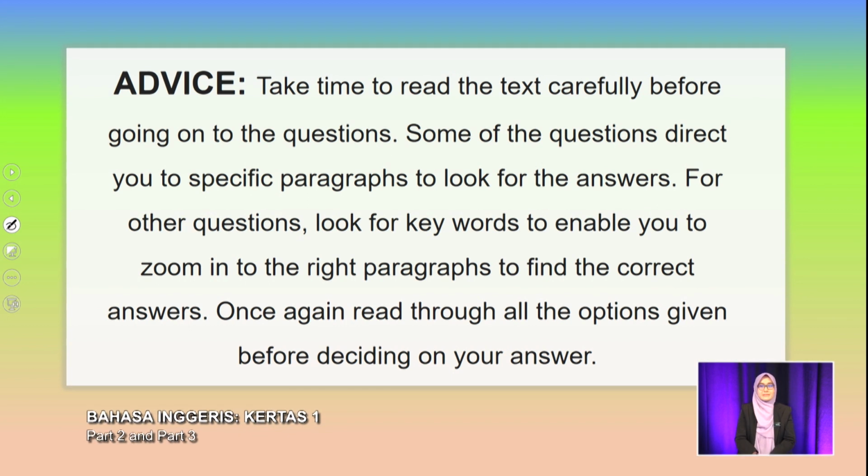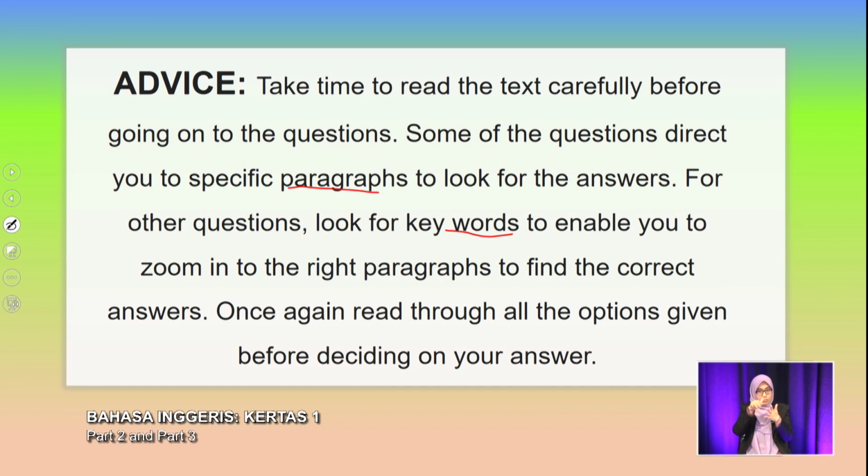For some of the questions, you are given the specific paragraph to look for the answer, so you straight away go to that paragraph. For other questions, you have to look for keywords to enable you to zoom into the right paragraph to find the correct answer.